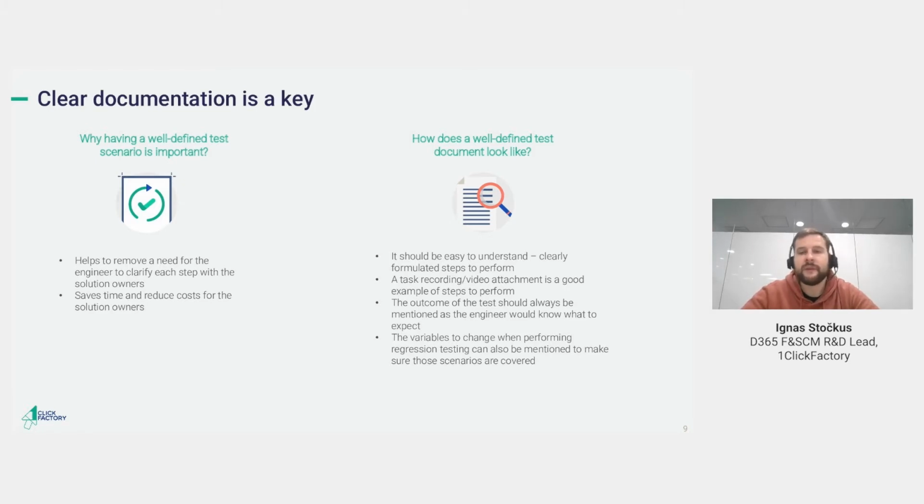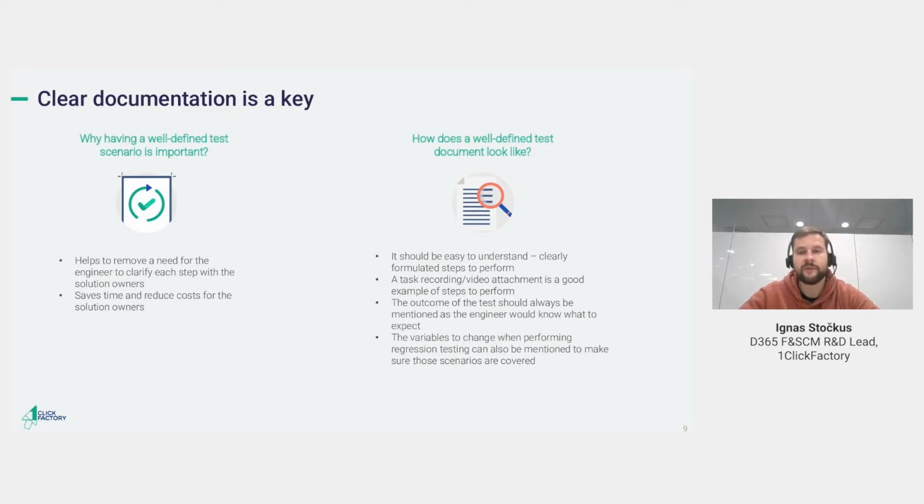When you have clear documentation, also if there's a OneClick Factory engagement, where we have our internal testing engineers, our testing team that engages with the partners or the customers, our engineers use that documentation as reference.